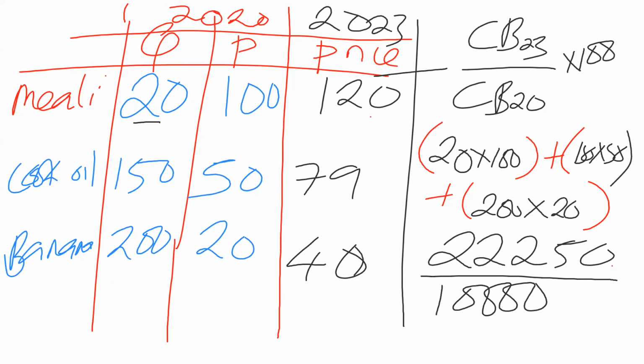Then multiplied by 100. Can you divide that into that to find the CPI for 2023? It's 202.27.